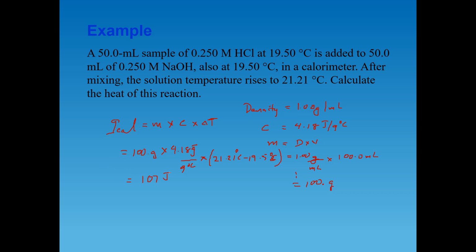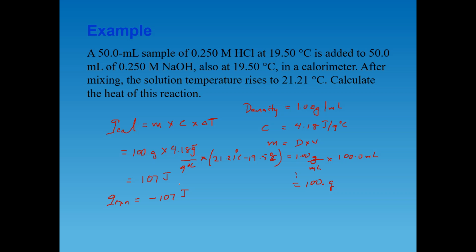That represents the Q of the calorimeter, which means that Q of the reaction is equal to minus 107 joules. And I think that would be the solution to this particular problem.